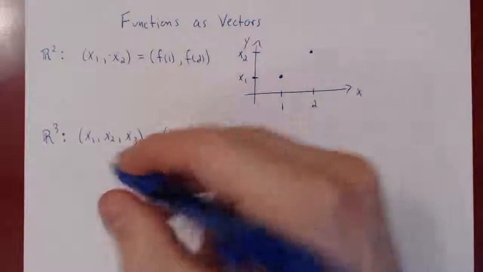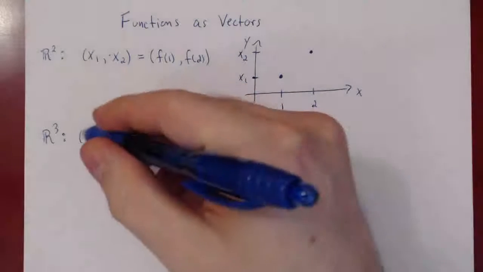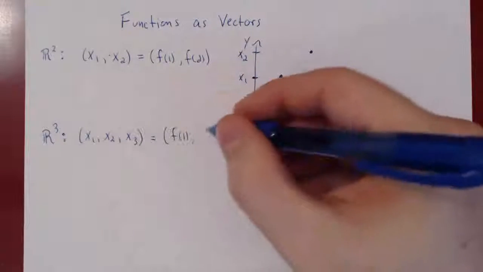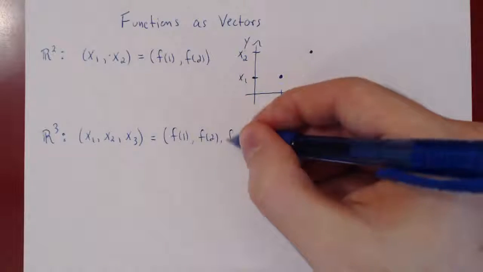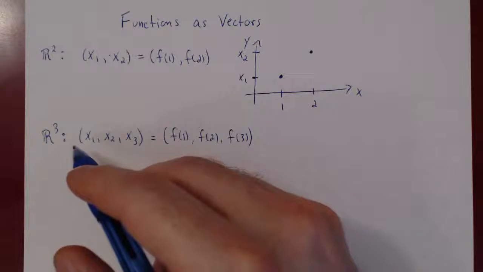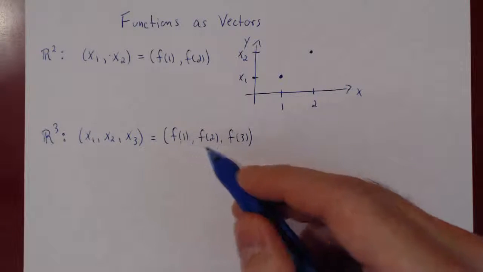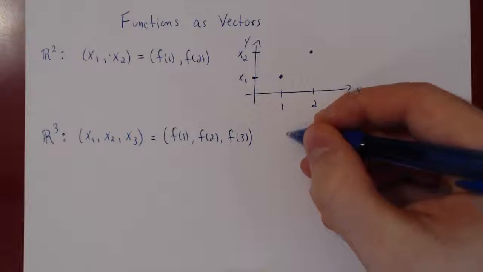So now we can think of this vector in R3 as a function defined on the first three positive integers. x1 is the first value of our function at 1, x2 the second value of our function at 2, x3 the third value of our function at 3. And so now you can think of this vector as a slightly more complicated function defined on the first three positive integers.